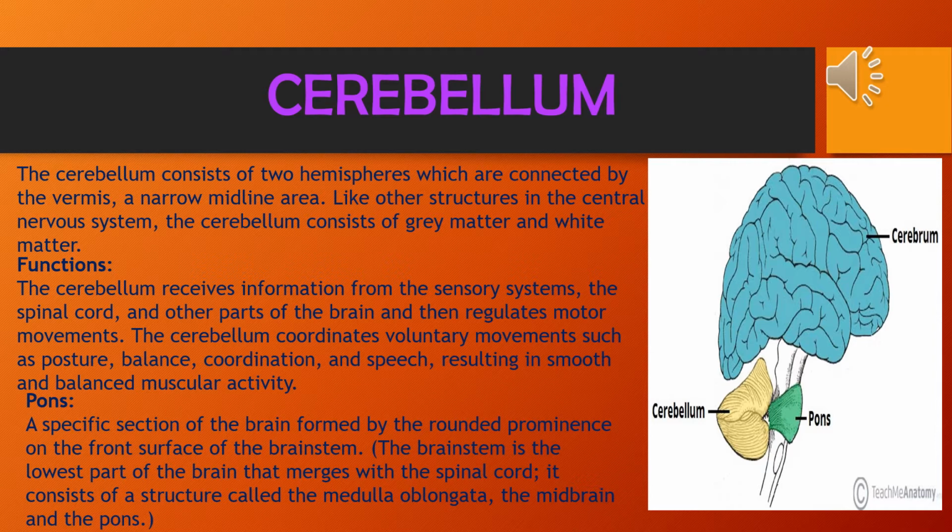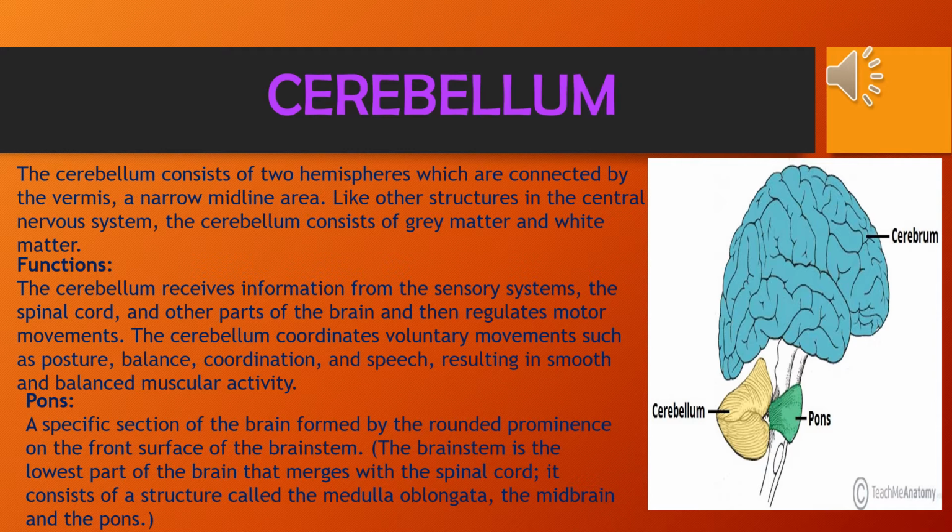Now functions of cerebellum. The cerebellum receives information from the sensory systems, the spinal cord, and the other parts of the brain, and then regulates motor movements. The cerebellum coordinates voluntary movements such as posture, balance, coordination, and speech, resulting in smooth and balanced muscular activity.